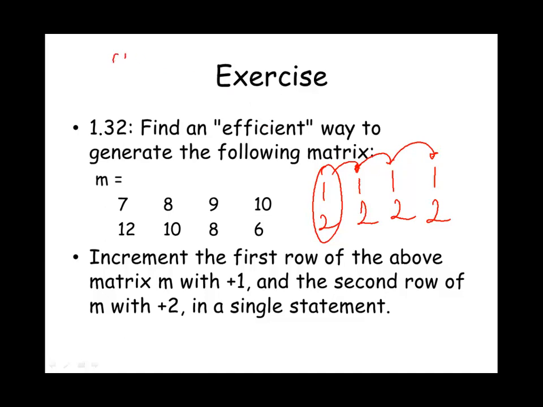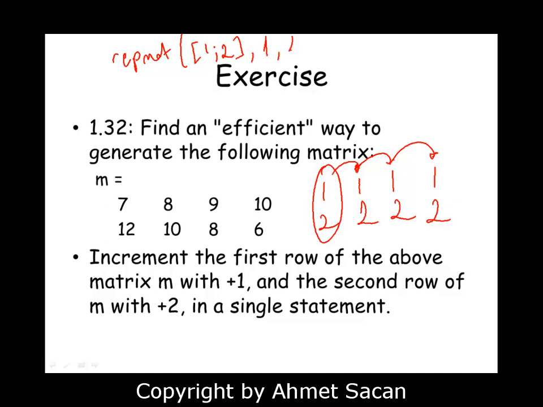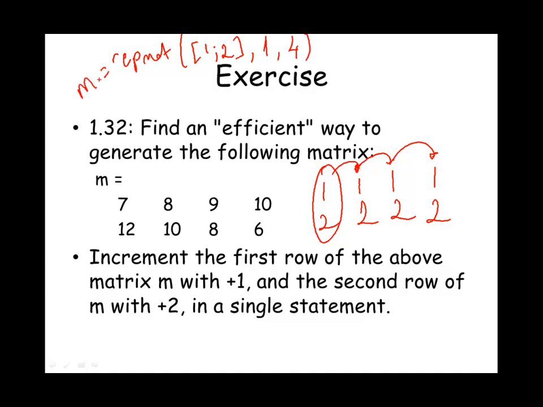So what we will do is say wrapmat 1 semicolon 2, comma, replicate once row-wise and 4 times column-wise, and then add that to M, say M equals M plus wrapmat.